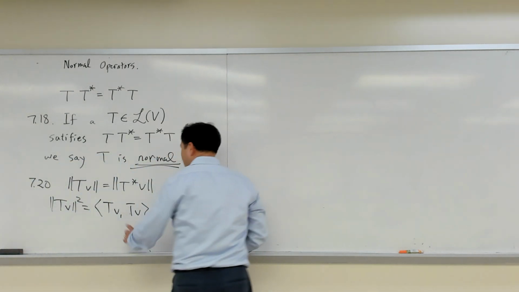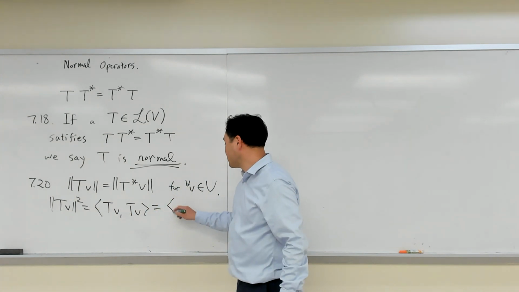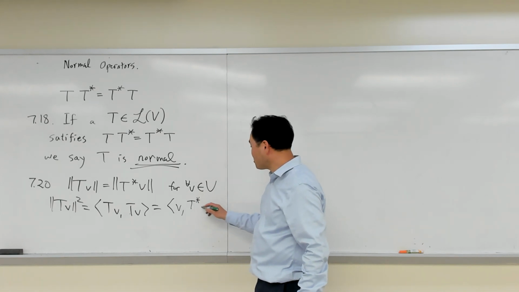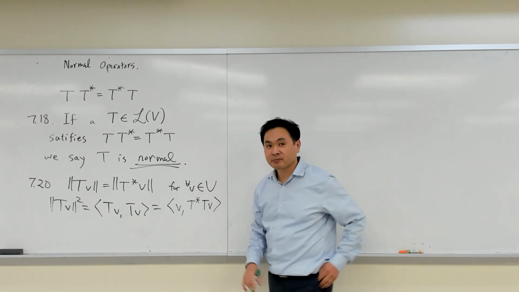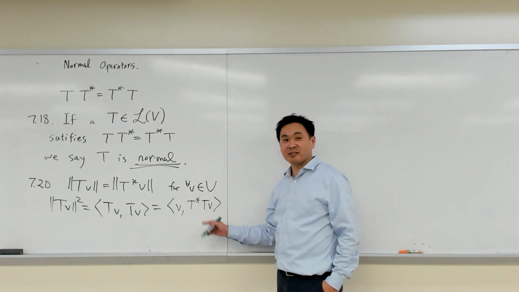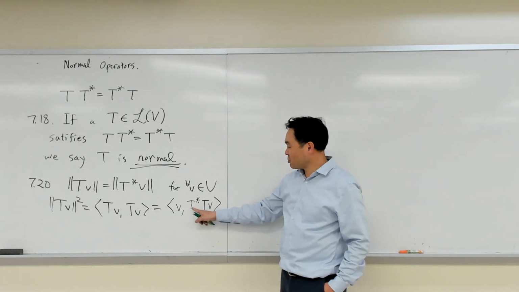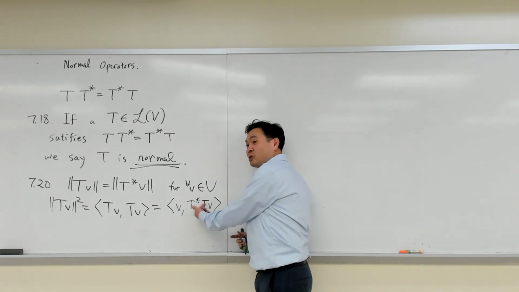And then I want to move this to the other side as the adjoint. It's not self-adjoint, so we still have to write down T star. If it was self-adjoint, it would simply be TT. But we don't know if it's self-adjoint, so it's T star T. But we do know that T star T can be switched, right?